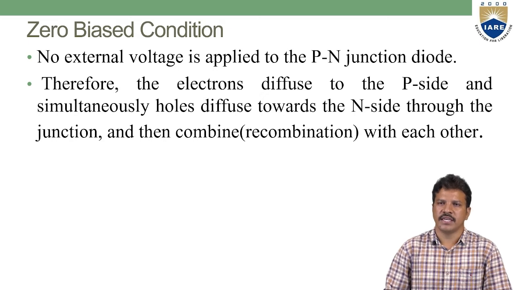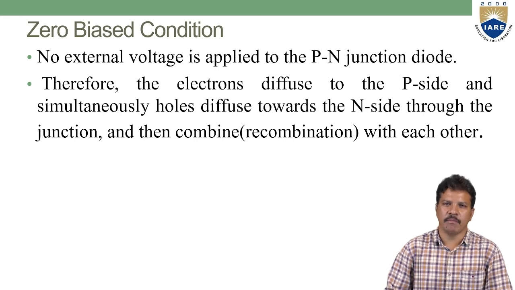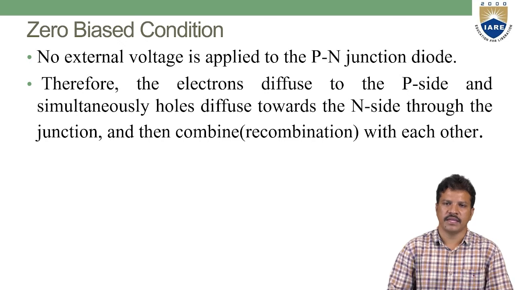Now let us see how to form a p-n junction diode. We have a p-type material and an n-type material. When we take the n-type and p-type material and combine them closely together, we get the p-n junction diode.